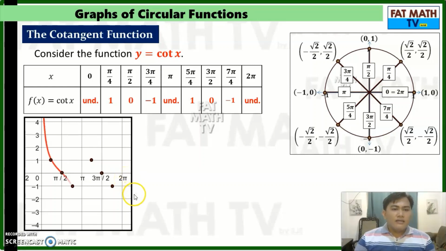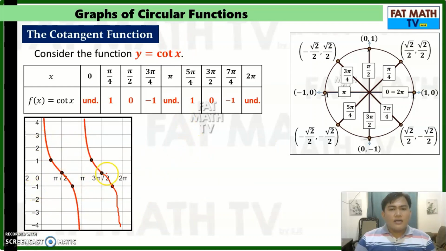If we connect those, and then add more points, the graph looks like this. You should still connect this, and then it will just go down there. So that's the graph of the cotangent function.